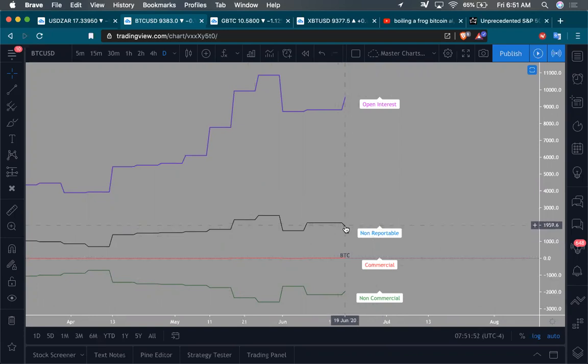So even they might be getting a whiff of, holy crap, we might actually be looking weak, so let me decrease my long exposure. These guys are long up here, and non-commercials slightly decreased their short exposure, but are largely short.